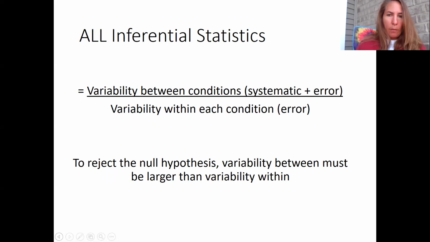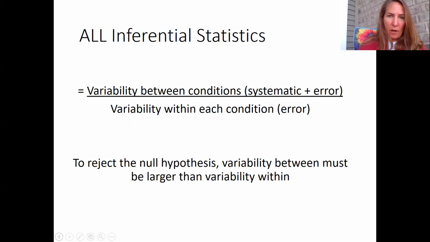Okay, so I bring us back to this equation. All of our inferential statistics, everything that we do, whether we're running ANOVAs, whether we're running t-tests, whether we're doing anything, is going to be interested in this particular equation. So we have variability in our data.